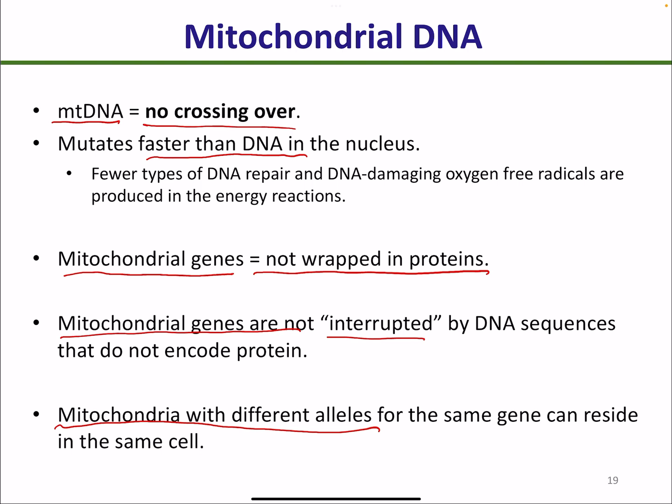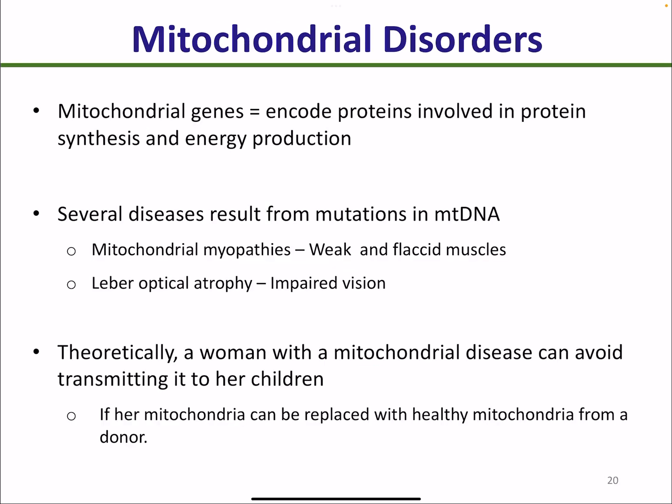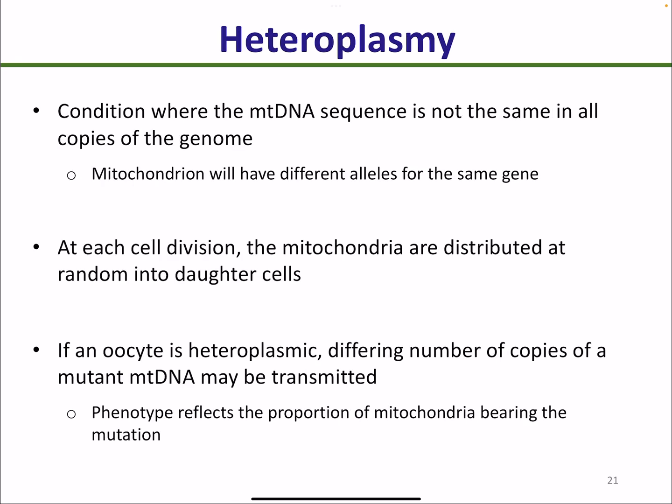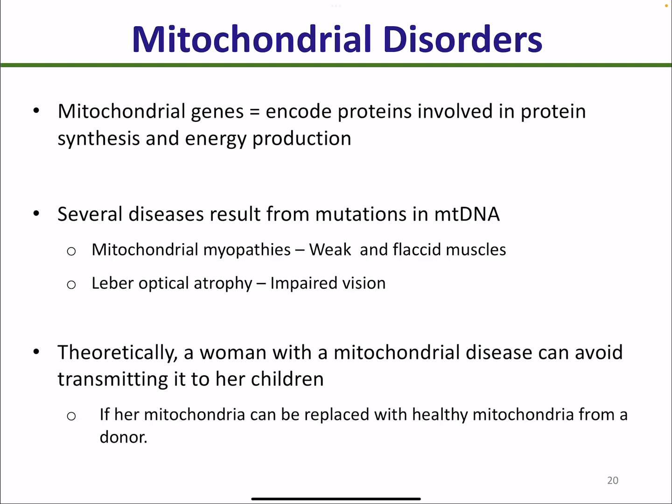Therefore, you can have some cells with mitochondria that are genetically different. Yes, that can happen, right? So some mitochondrial disorders can be passed down, but only from mother to children, right?